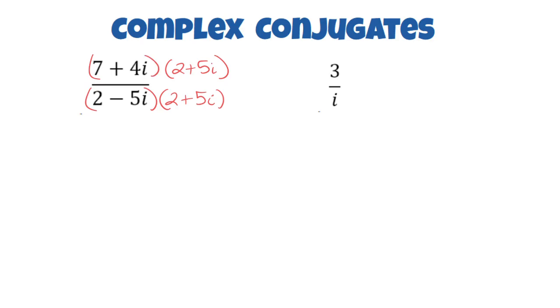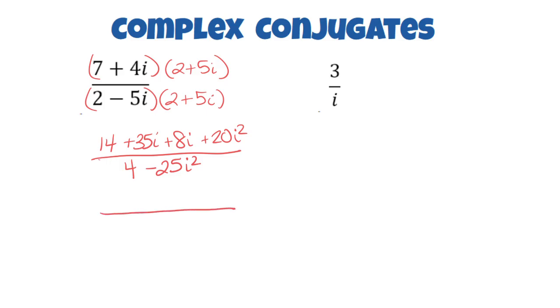In your numerator, let's go ahead and FOIL. Denominator, they're conjugates. Outer and inner are going to cancel. I'm going to get a 4, and then it's going to be a minus 25i squared.